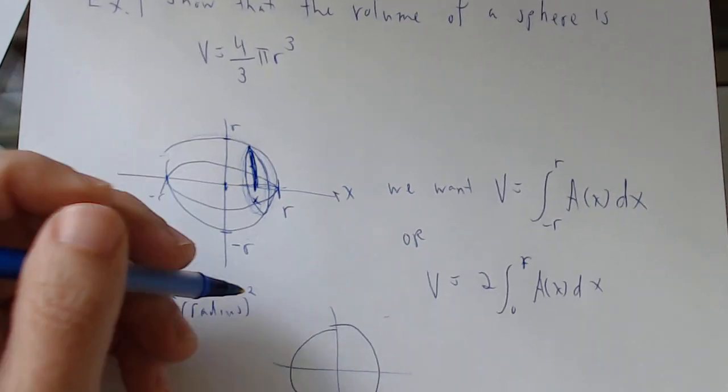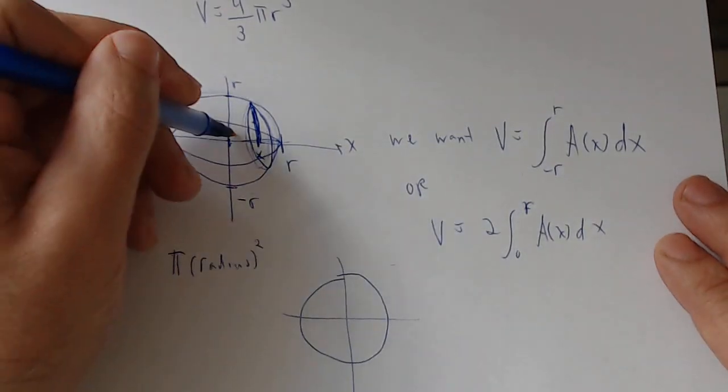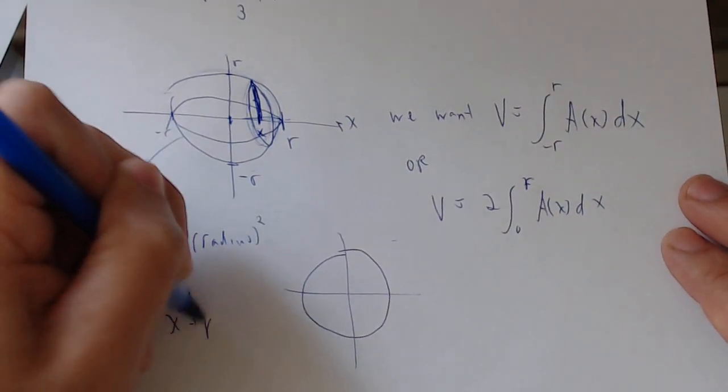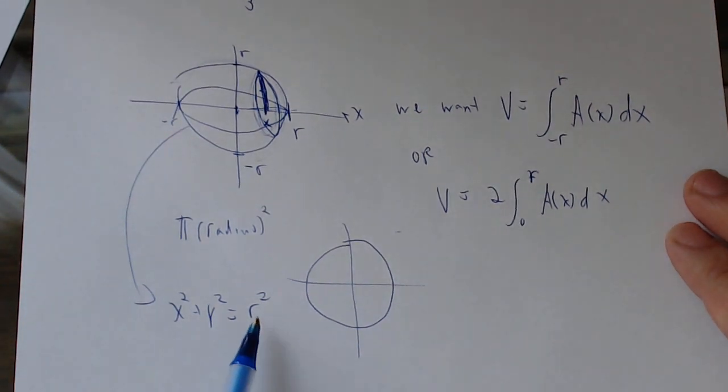The equation of the circle would be x squared plus y squared equals r squared. Now remember, r is a constant, so we could have r in there.